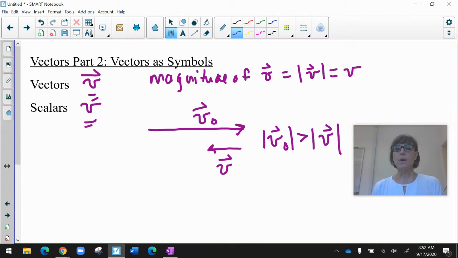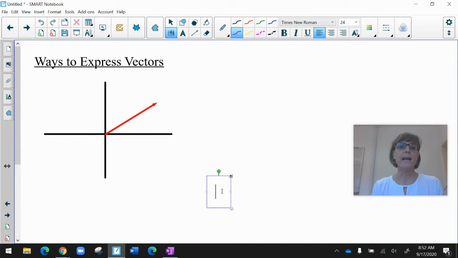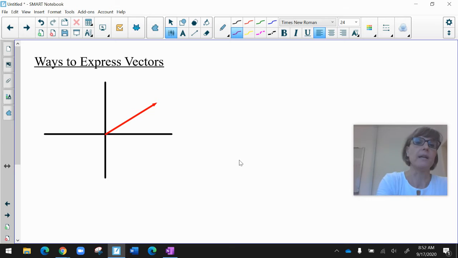Okay. So far all of the vectors that we've talked about in this class have pointed along the x-axis or the y-axis, but we know that this isn't always going to be the case. So let's talk about how we're going to deal with this. What I have here is just a vector.